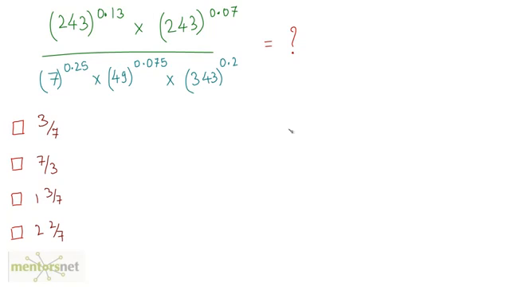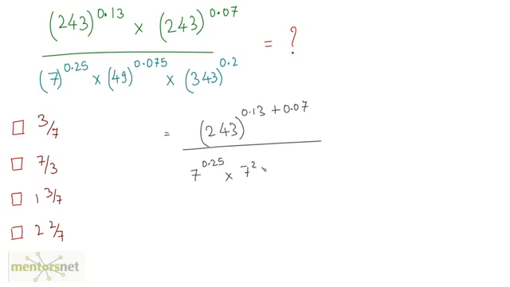So this is equal to 243 raised to 0.13 plus 0.07 divided by, this is 7 raised to 0.25 times 7 times 7 is 49. So 7 square raised to 0.075 times 343 is 7 cube. So 7 cube raised to 0.2.